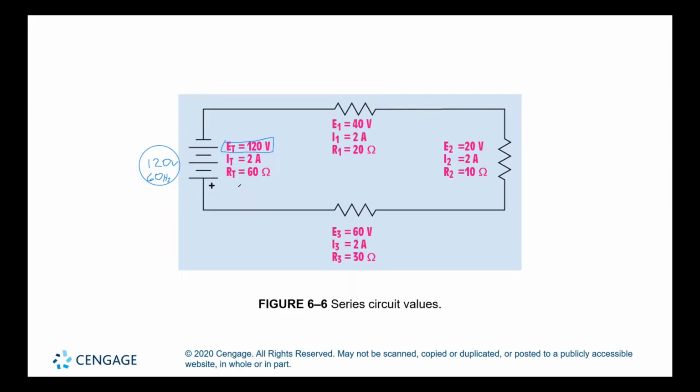In a pure resistive circuit, it doesn't really matter if you apply DC or AC, the way in which the resistors are going to behave is going to be the same. Any questions about that?